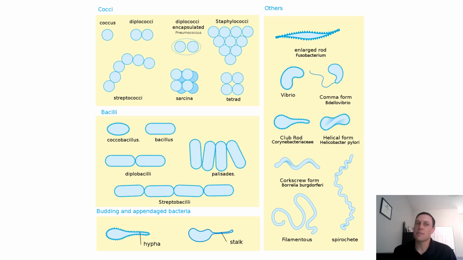And it's because of the nature of where arrangement comes from for any of these cells. The reason why some of these cells group in these very specific and unique ways is because of how they divide. When the cells reproduce in binary fission, sometimes they stay connected to each other.